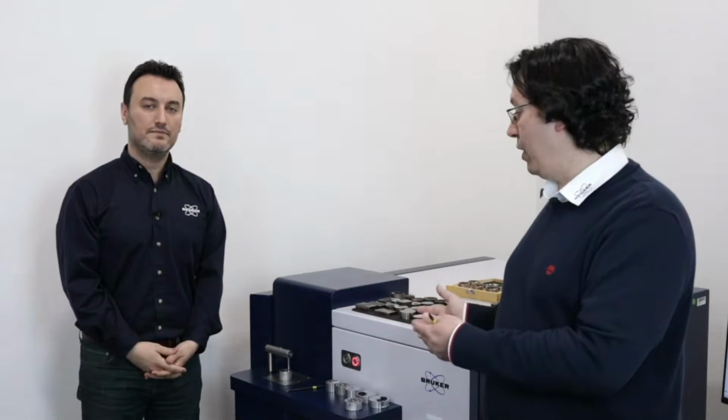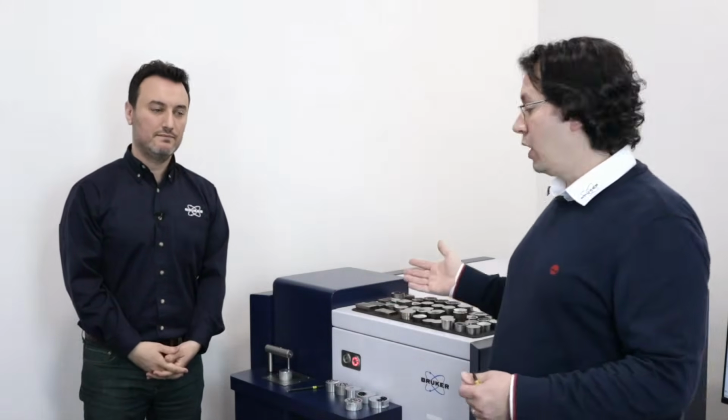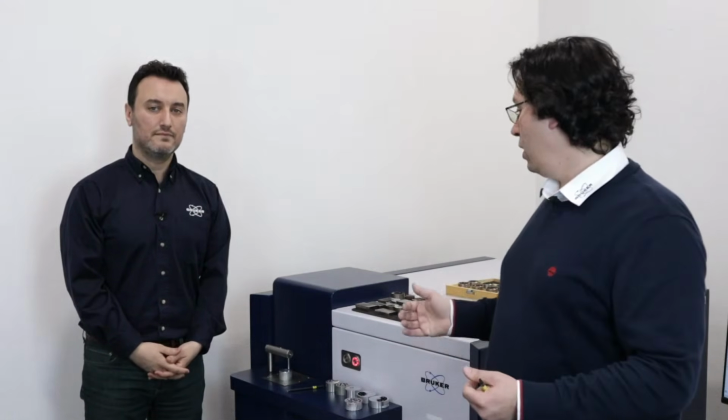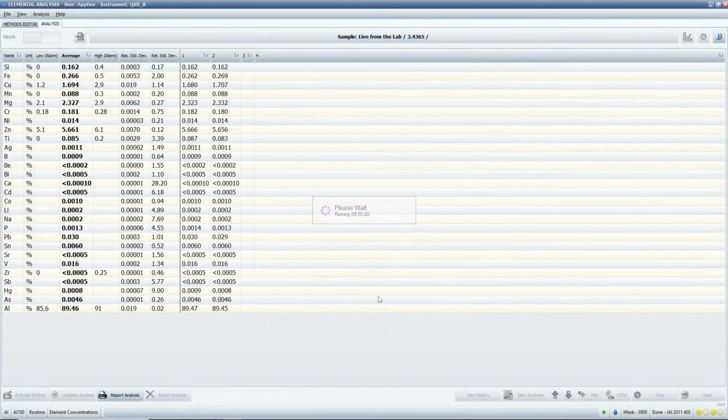And this is really important here, because we want to analyze traces. And traces, I mean, that is ppm levels. And this is really important to define in each alloy, because it defines the impurities or inclusions that you may have. And when we're talking about process control, this is a really important step of it.